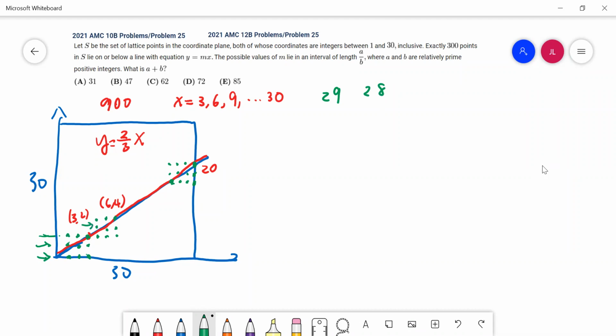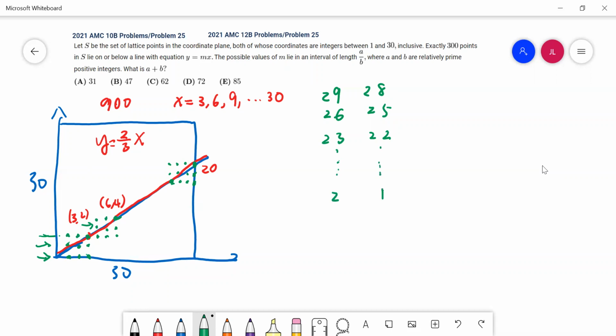That's going to be two less than this, 26. Then this row from here is going to be 25, one less than that. So this pattern continues. We're going to have 23, 22, all the way down to 2 and all the way down to 1.